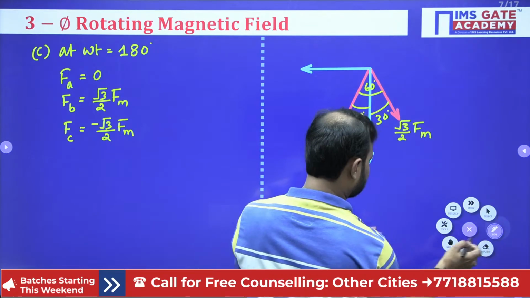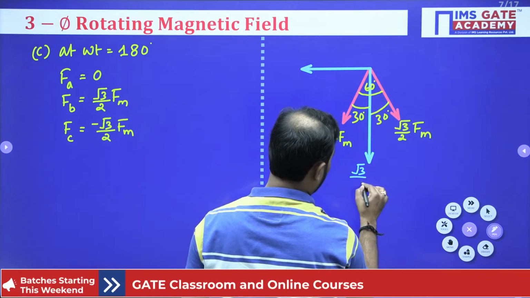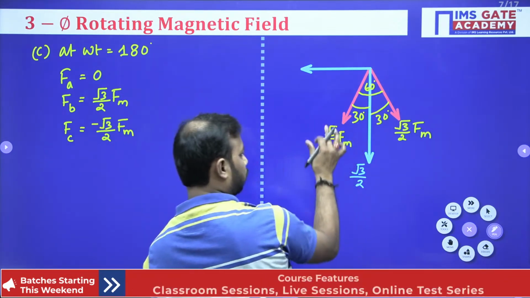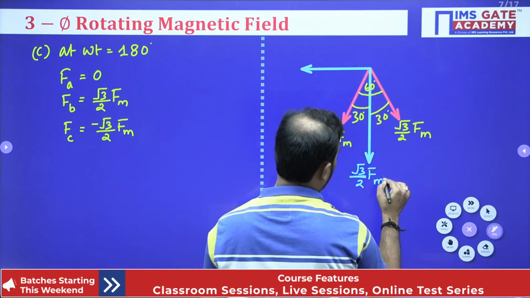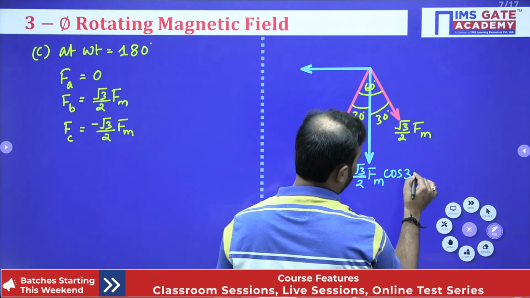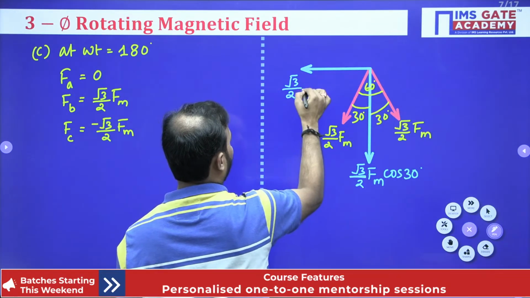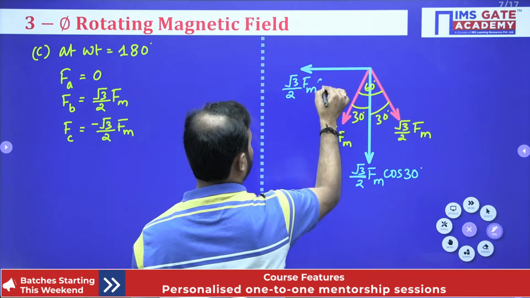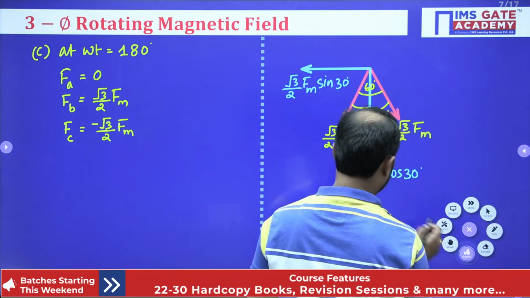So this becomes root 3 by 2 Fm cos 30 degree for this component, and here root 3 by 2 Fm sin 30 degree.